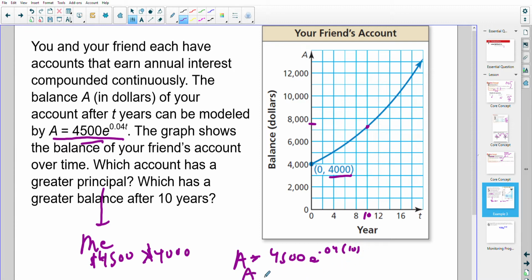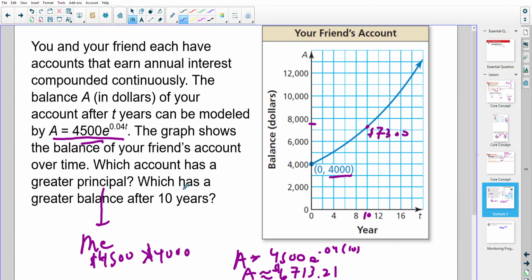And when you evaluate that, what you end up with is $6,713.21. Actually, you're going to have less money than your friend, because your friend's is going to be about maybe $7,300.